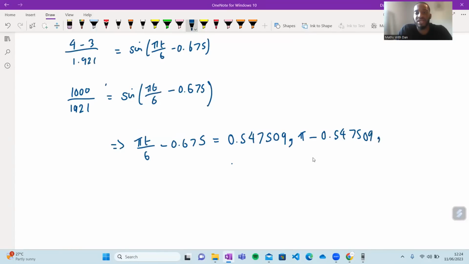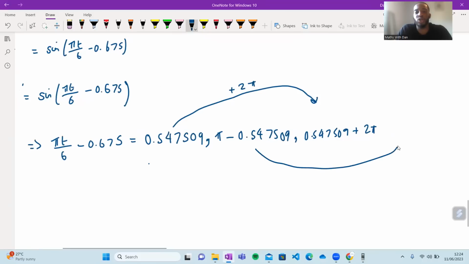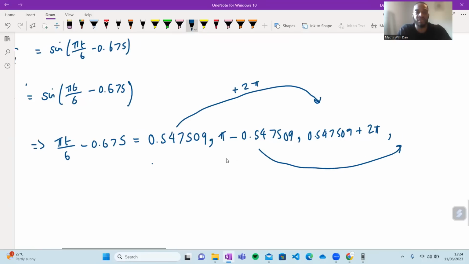And then to get the next one after that, we're just going to add 2 pi. So the next value would be 0.547509 plus 2 pi. You're just going to do a couple just to make sure it's all okay. But anyway, I'll do it in steps.